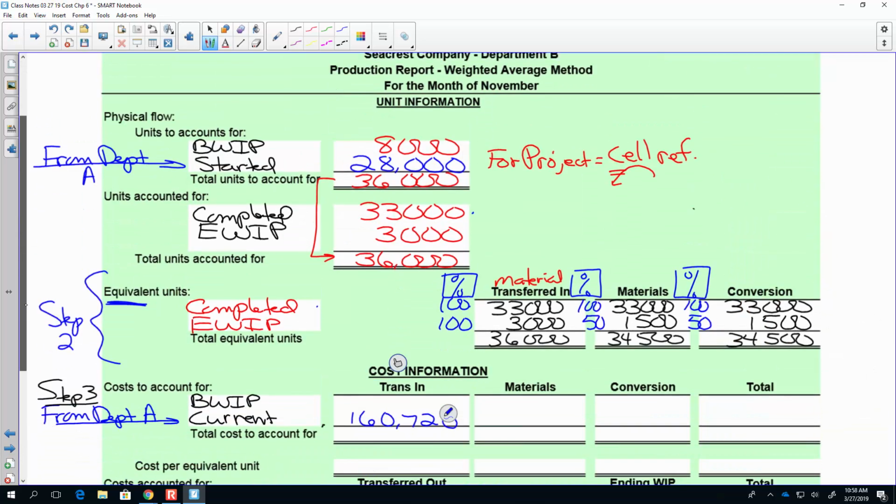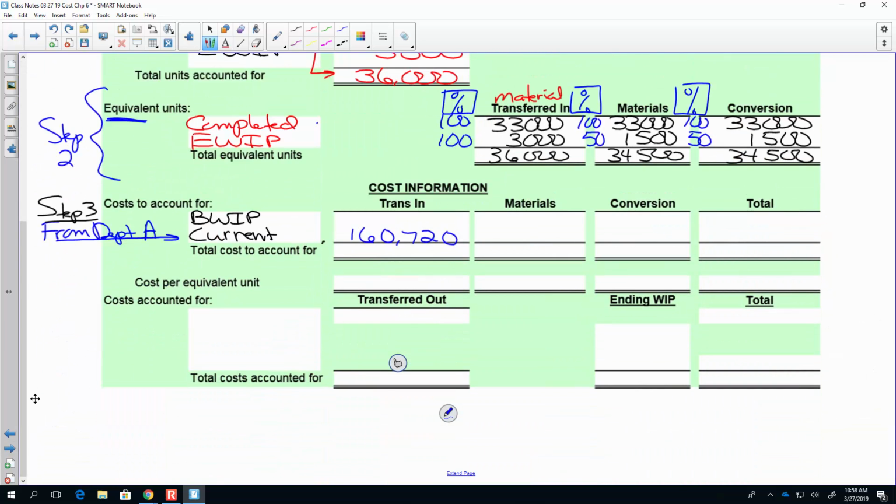So let's fill in what the author gave us for beginning cost, $45,320. I want dollar signs here on the Excel worksheet, since it's the top of a column. Direct materials had 0 and 16,800 for conversion.